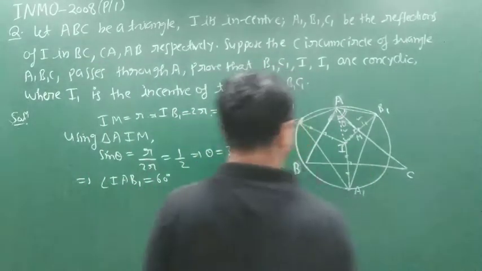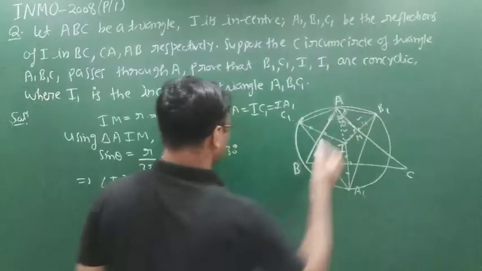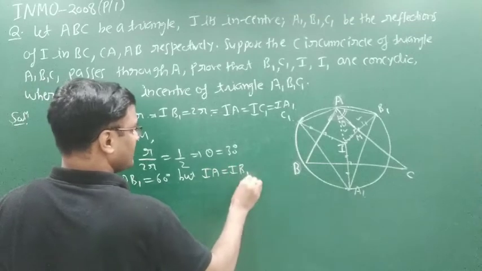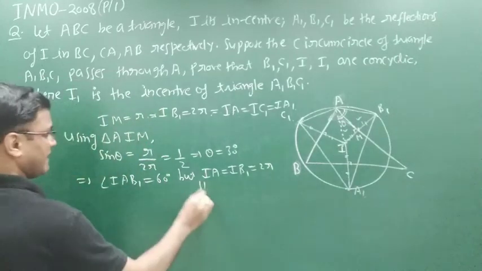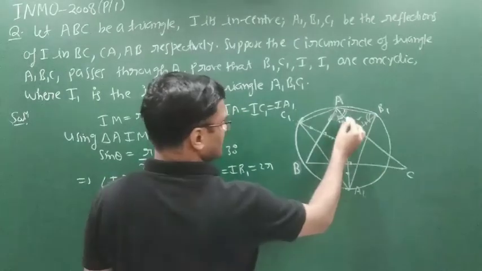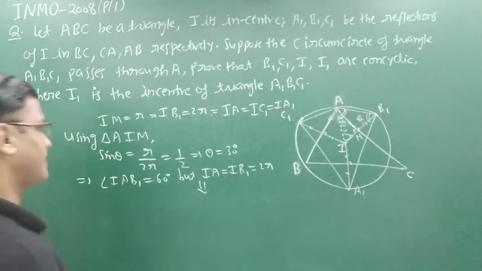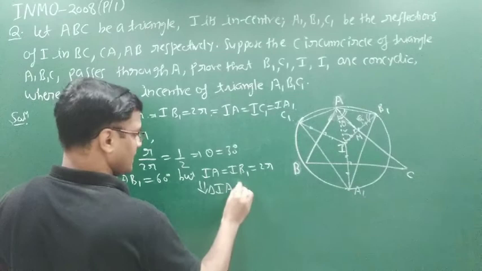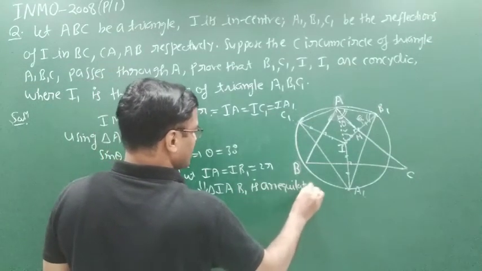This angle is 60 degrees, but IA and IB1 are both radii of the circumcircle, and IA equals IB1 equals 2R. Therefore, if this angle is 60 and these two sides are equal, the opposite angles are also equal. This angle will also become 60. Therefore, if two angles are 60, then triangle IAB1 is an equilateral triangle.